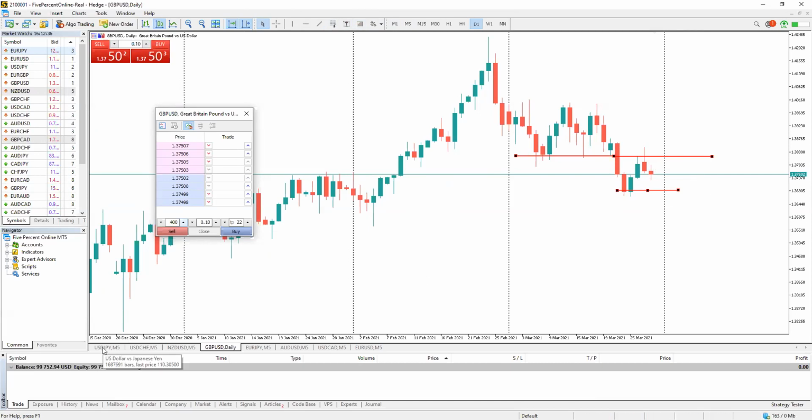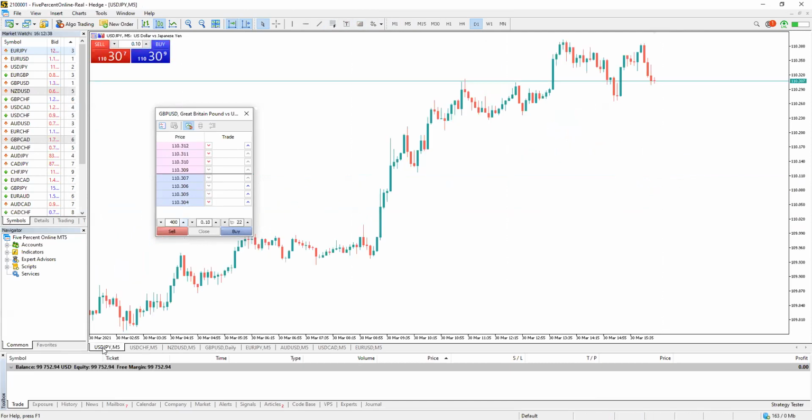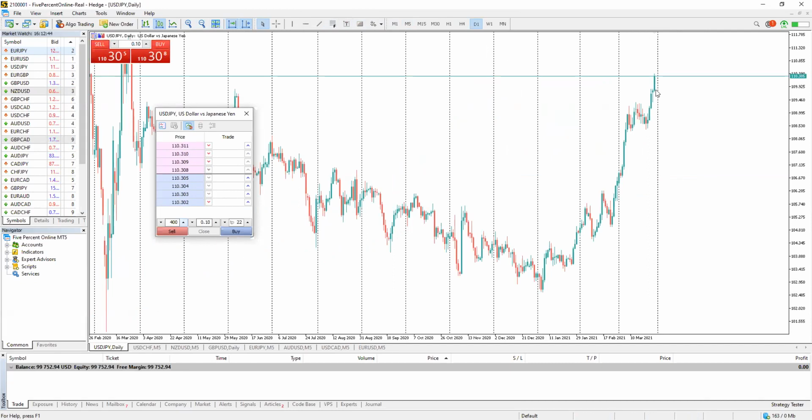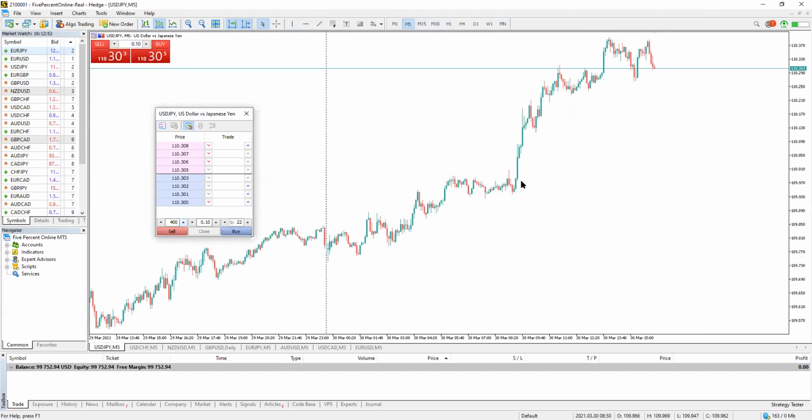Dollar yen, 5 minute go long. Yeah, I was also looking at this pair. If we go to the daily, we're on a very important bullish day, and there's a very nice demand over there.